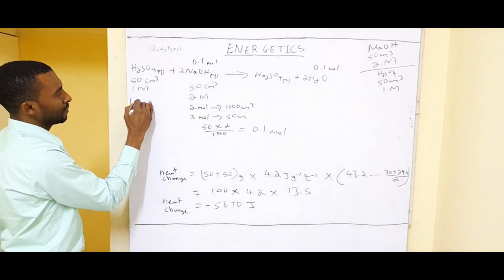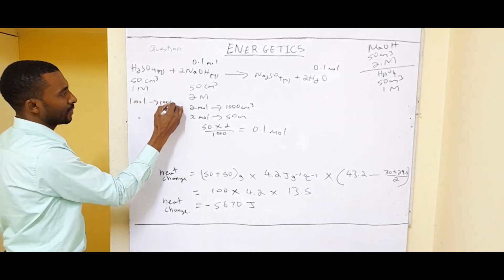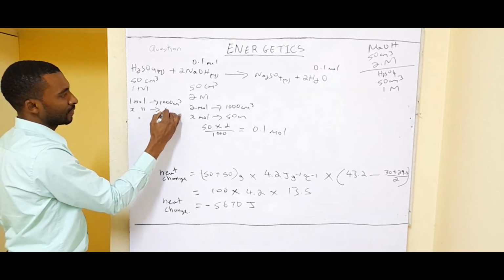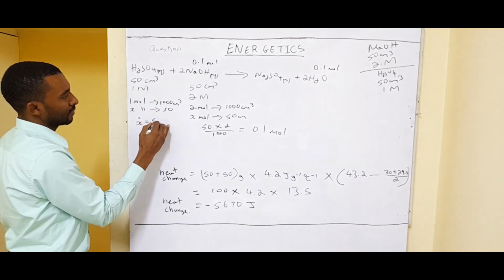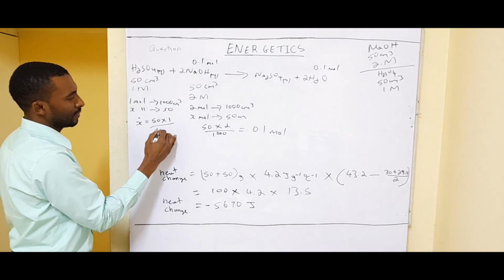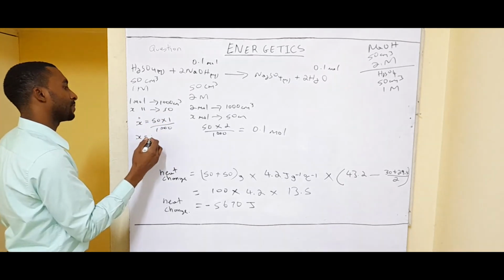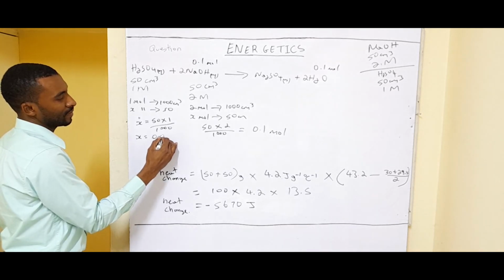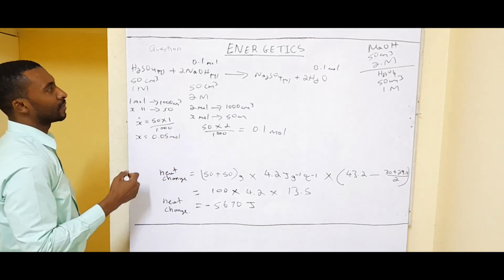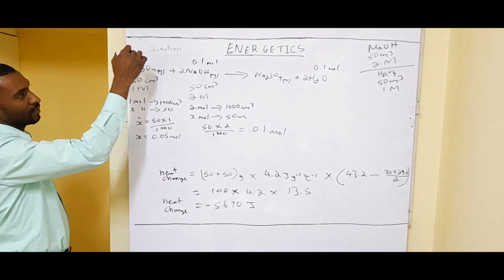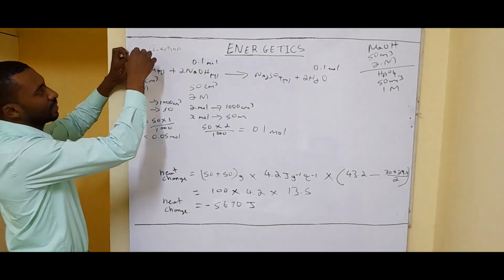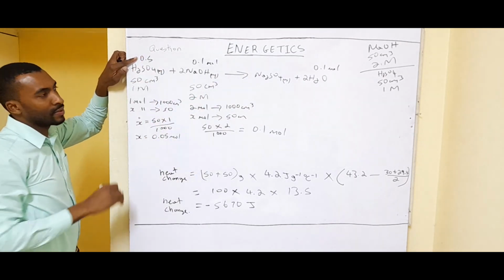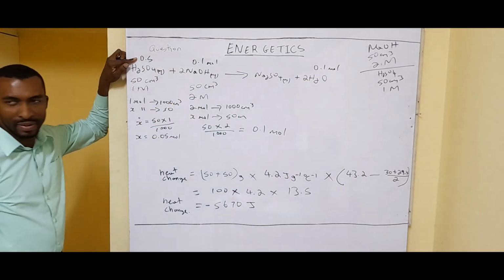This is 1 mole in 1000 cm cube, x moles in 50. 50 times 1 divided by 1000. What do we get over here? 0.05. So even if we take it over here, the mole ratio from this is 1 to 2. So it still ends up forming 0.1 moles of water.